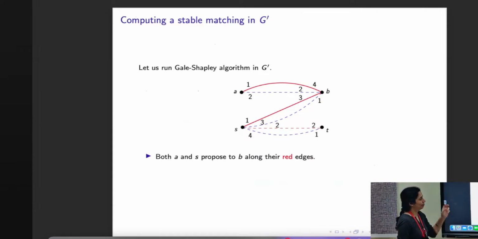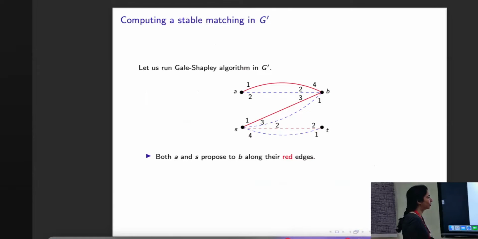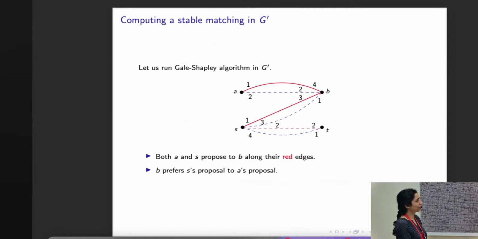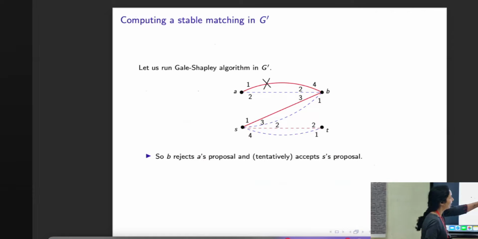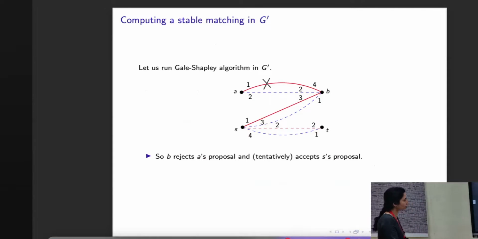So back to our original algorithm, A and S propose to B, that is along the red edges, that's their top choice edge. So B receives 2 proposals, it rejects A's proposal and tentatively accepts S's proposal. I am saying tentatively because if it gets a better proposal, it's going to reject this also.